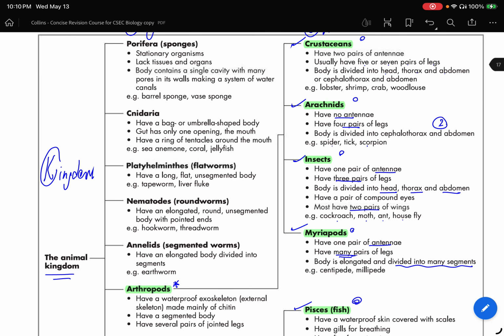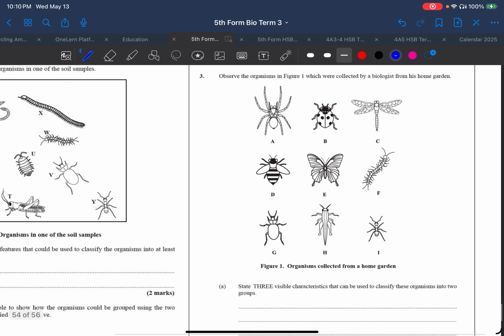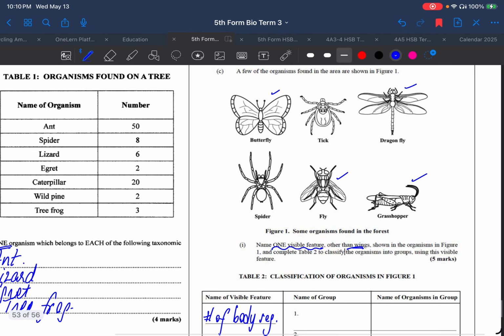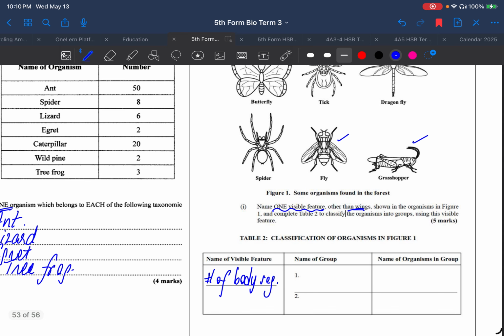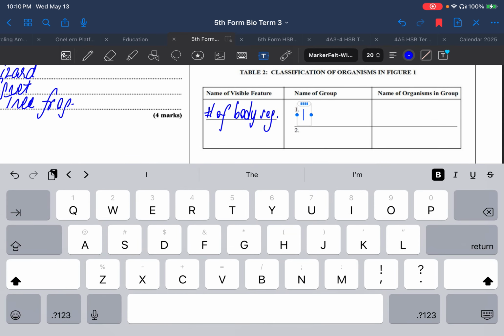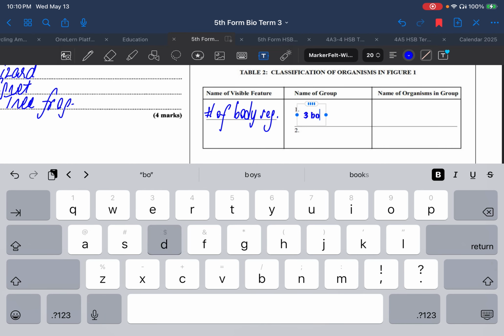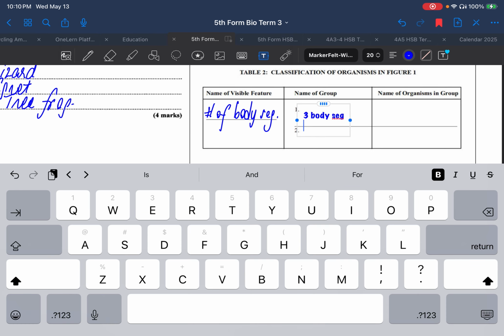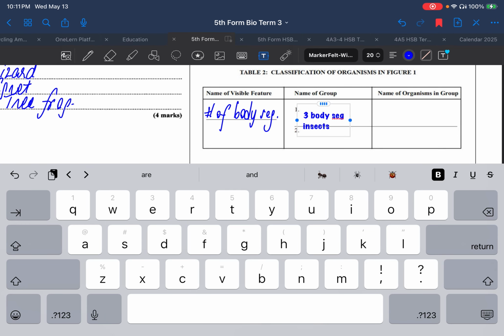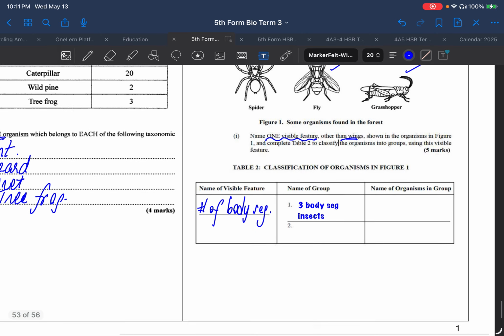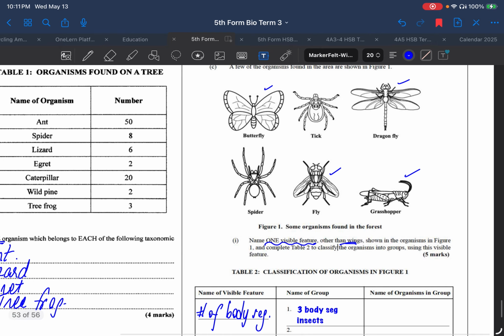Right. Okay. So, number of body segments we have. Let me write this here. Those that have 3 body segments, and we can even further go and name the group, which is insects, and then you put all the organisms that are part of that group in there according to what it says up top.